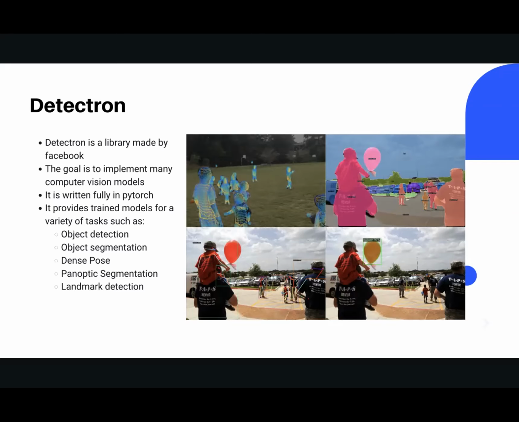So it's a very big library that contains lots of very good pre-trained models, already implemented architectures, and a very easy to use, let's not call it an API, but easy to use interface on top of these models.